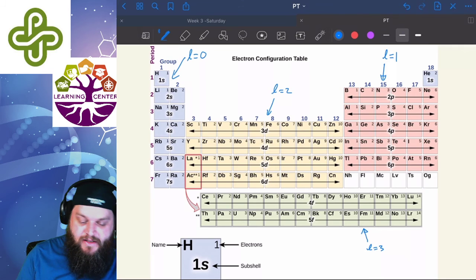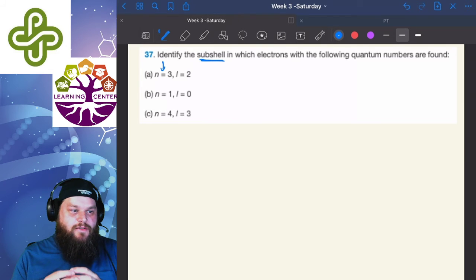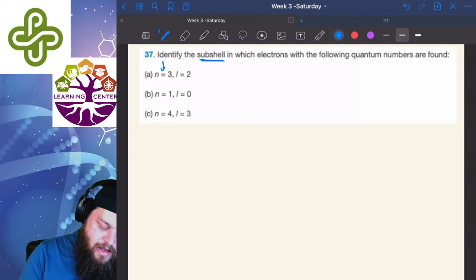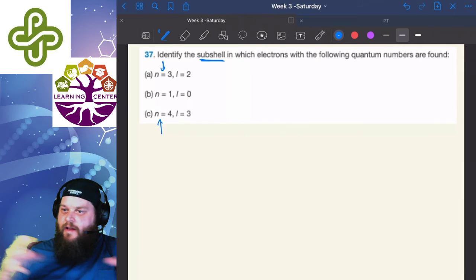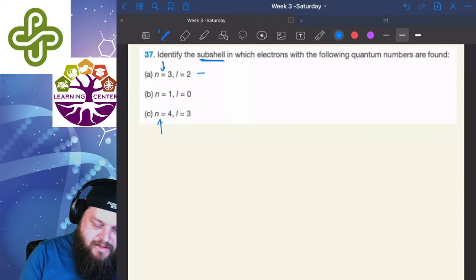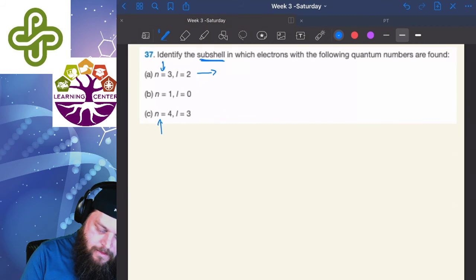But we can utilize this then to, jump back over here, determine the subshells. So it's the S subshell, P subshell, D, F, G, and so on. So for the n's, that's not going to affect the subshell, it's just what layer of subshell it has. In this case, L equals 2. As we said here, L equals 2, that's our D block. So that's our D subshell. L equals 0, that's going to be our S subshell.